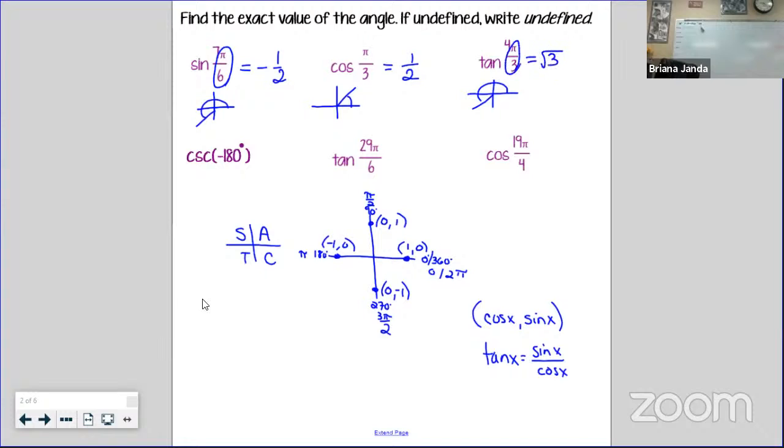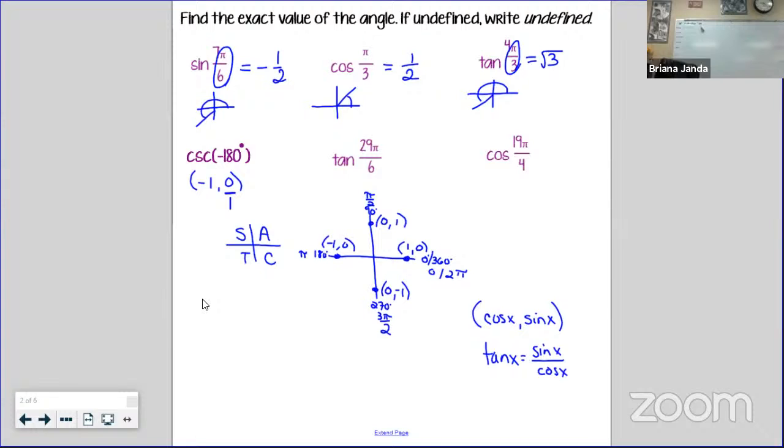square root of 3. Our cosecant and an axis problem. So remember that when we were talking an axis, negative, heads down first. But 180 degrees is still 180 degrees, so that would be looking at this ordered pair right here. So we are considering the ordered pair -1, 0. Cosecant is the reciprocal of sine, second number in there.